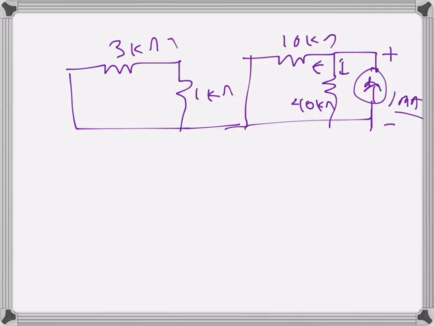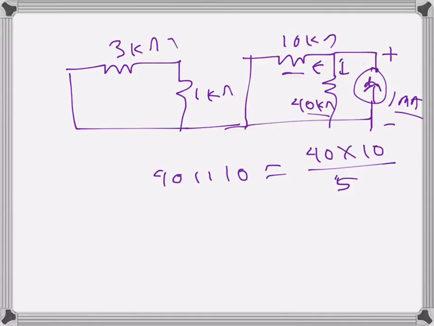We can find the equivalent resistance here. These two resistances are in parallel, so 40 parallel 10 will be 40 times 10 divided by 40 plus 10, which is 50, so that is 8 kilo ohms. So basically we have a 1 milliampere current source and one 8 kilo ohm resistance.